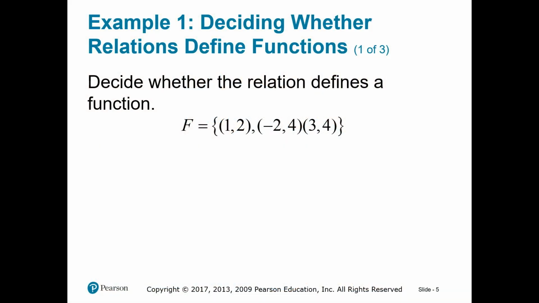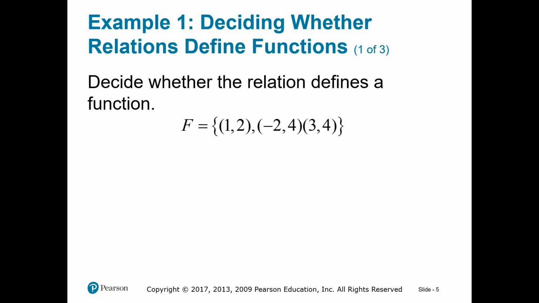So you see, if you look at these ordered pairs, what do you think? Is this relation a function? Does this relation define a function? So for each x value, is there exactly one y value?